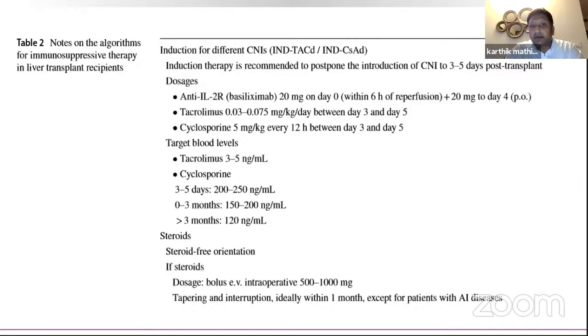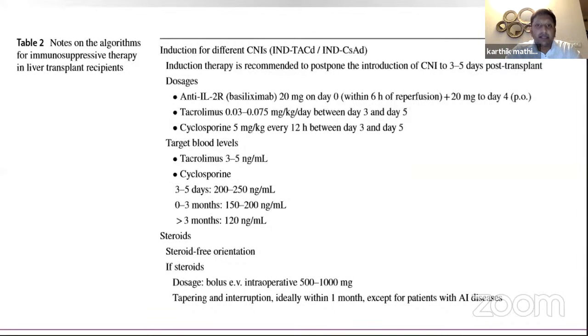And of course, cyclosporin: if you're not comfortable with tacrolimus, or the patient is too sensitive to tacrolimus, then you can switch over to cyclosporin. Tacrolimus is much superior to cyclosporin, but because of neurotoxicity we might be forced to change. When a patient develops neurotoxicity or neuropsychosis, we stop tacrolimus and introduce cyclosporin, which is again the choice if the patient has much of neurological issues.